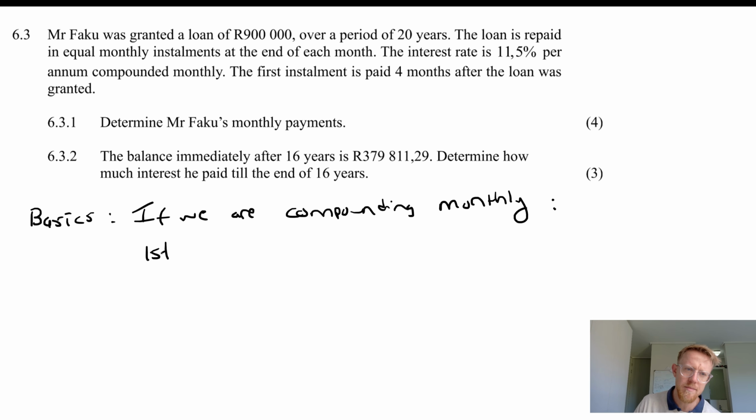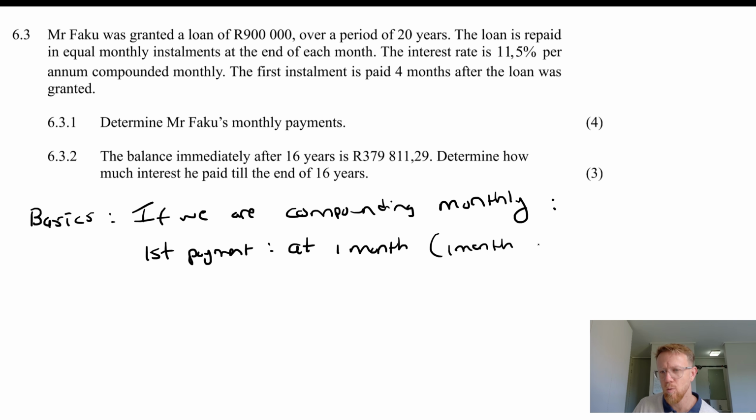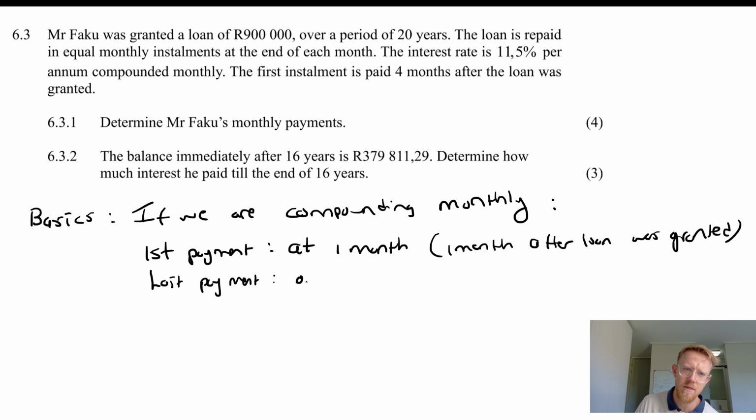Your first payment is always done at the 1 month mark, or 1 month after loan was granted. You can think of it like that, 1 month after loan was granted. And then the last payment is on the very last day.